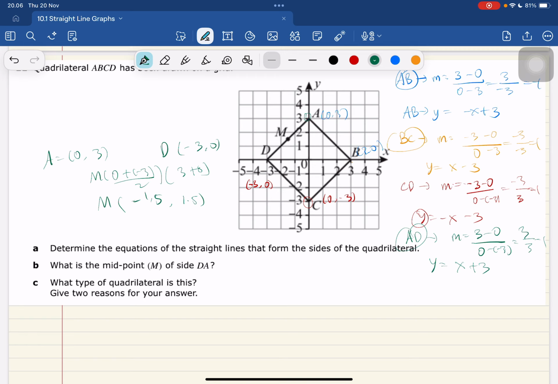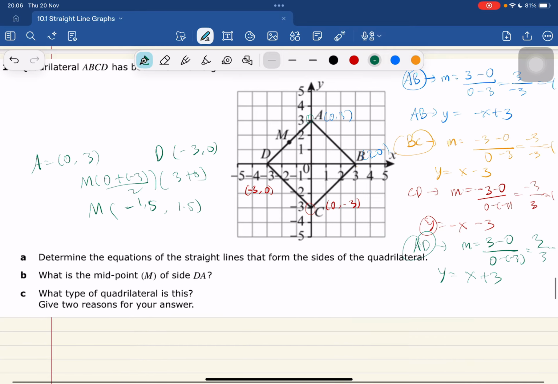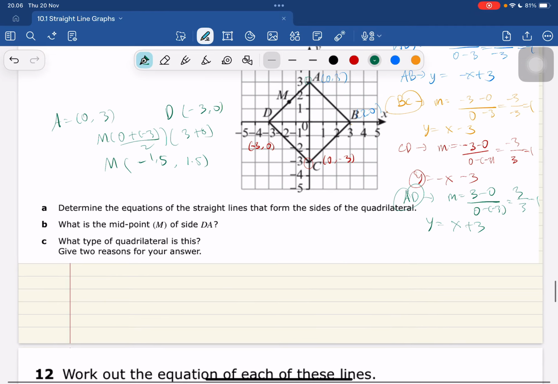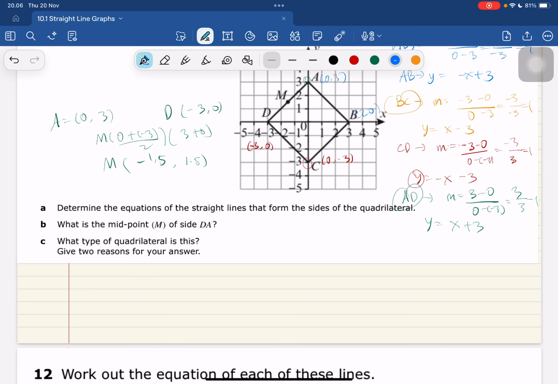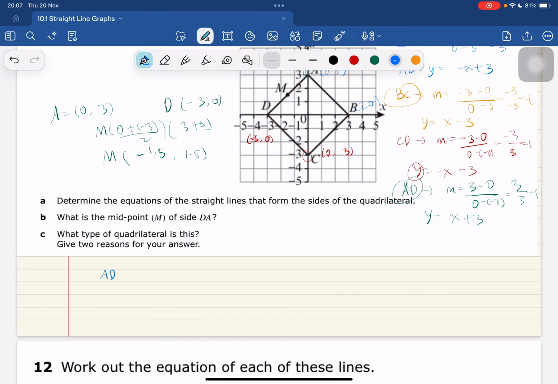Part C. What type of quadrilateral is it? Let us first see the lengths. What is AD? To find AD, take the difference between the points: 3 minus 0 squared plus 3 squared, so it's 9 plus 9, square root of 18.